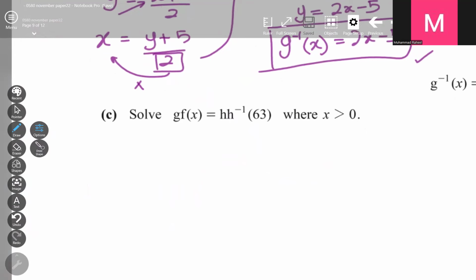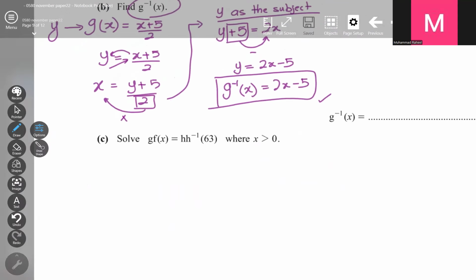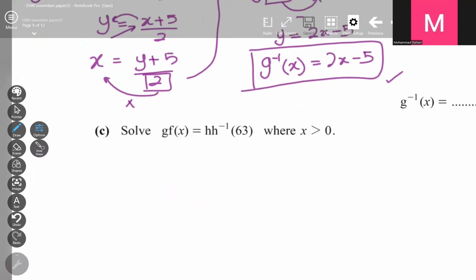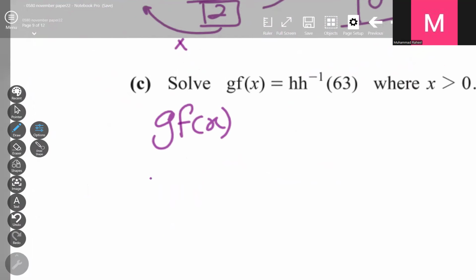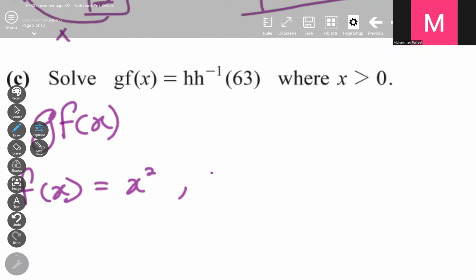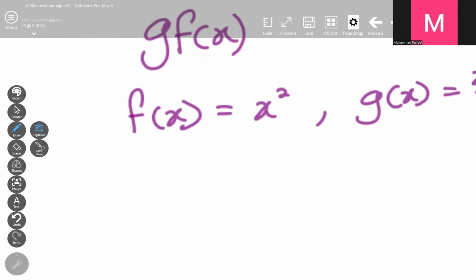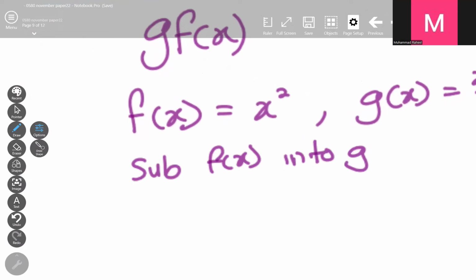Okay, so to solve for c, we need to determine the composite function, which is g f of x. So we have f of x is equal to x squared, and g of x is equal to x plus 5 over 2. So we can put f of x into g of x.